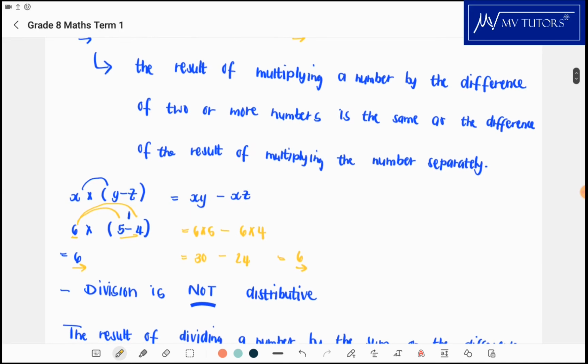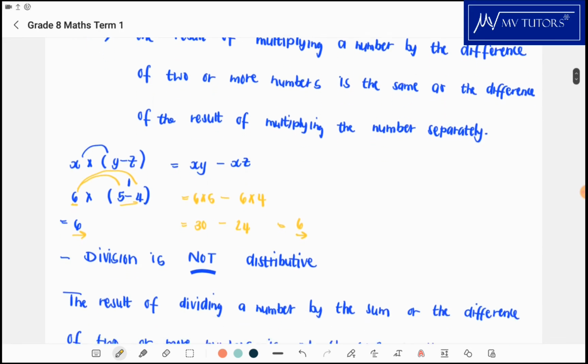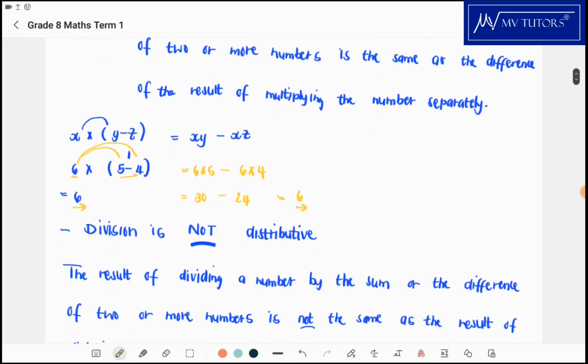What about division? Let's just talk about it while we're here. You've realized that division is not associative, division is not commutative. Well, not a surprise here. Division is not distributive. It is not associative, it is not commutative, nor is it distributive.